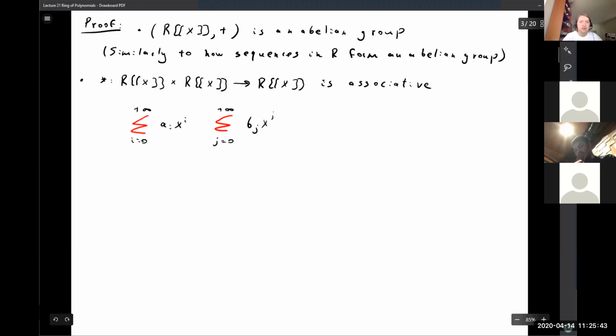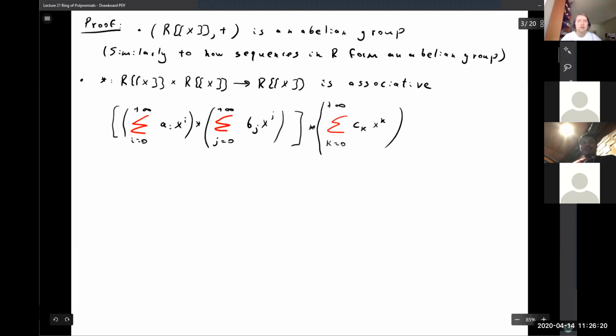So our goal is to prove that if we first multiply these two, and then multiply by another formal power series with coefficients c_k, x^k, this is the same as first multiplying the second and third power series, followed by multiplication on the left by the first formal power series.